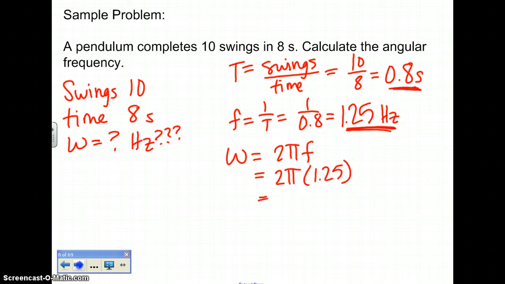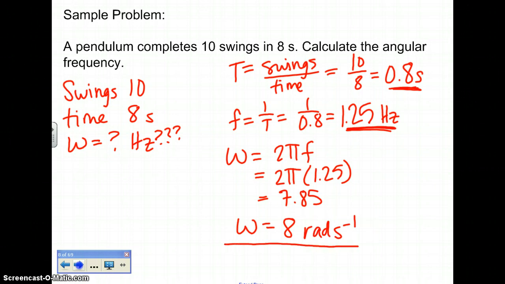Your calculated answer there is 7.85, which means that your angular frequency is technically 8. Now here's the trick: it's going to be rads per second, because we're talking about circular motion on this one.